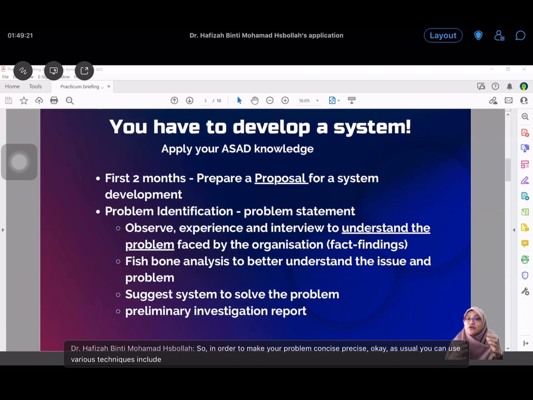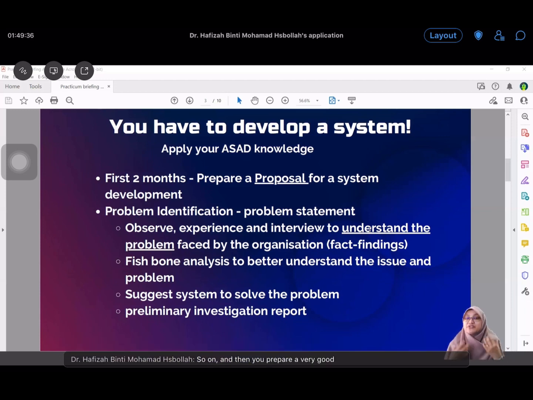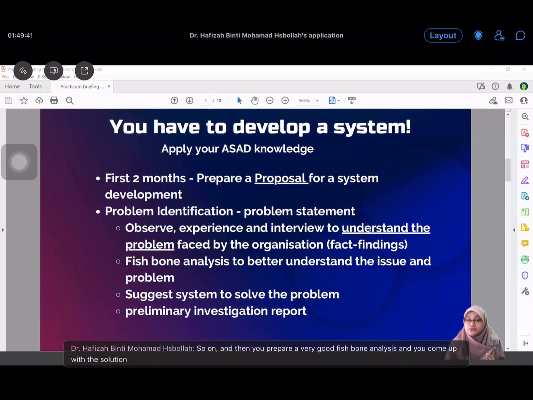analysis. From fishbone analysis, you analyze all the problems, you look into the strengths and the weaknesses, and then you prepare a very good fishbone analysis and come out with the solution: what you can actually do to help the company solve the problems.